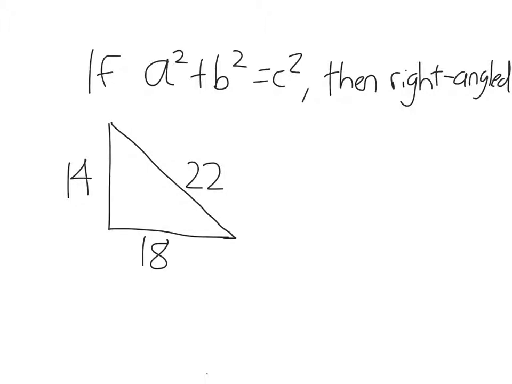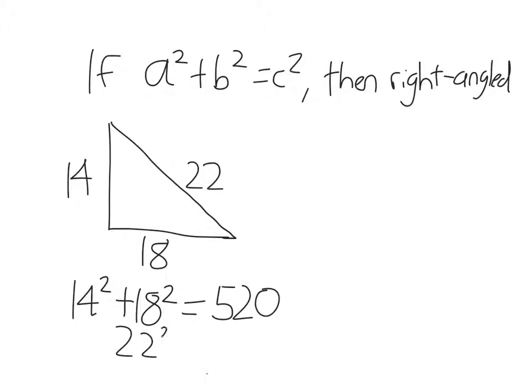So I'm going to check whether a squared plus b squared equals c squared. Now, 14 squared plus 18 squared, if I add them up, I get 520. 22 squared is 484. So you can see that this is a little bit more. So is this triangle right angled? No, it is not right angled, because a squared plus b squared does not equal c squared.